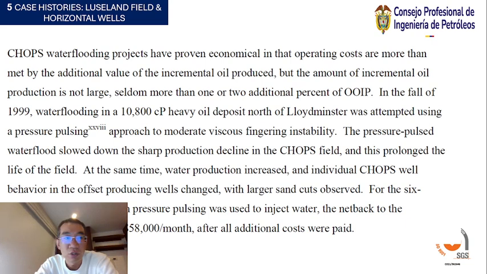In the fall of 1999, water flooding in a 10,800 cp heavy oil deposit north of Lloydminster was attempted using a pressure pulsing approach to moderate viscous fingering instability.